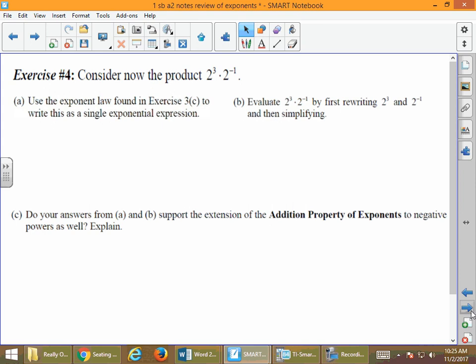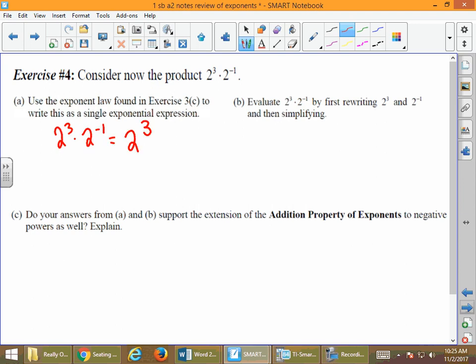Well, what we just did is we said, when we multiply these two together, 2 cubed times 2 to the negative 1st equals 2 to the 3 plus negative 1. We added the exponents together. And when we add those exponents together, we get 2 squared. And by the way, do you remember what 2 squared equals? We've already done it multiple times. It equals 4.